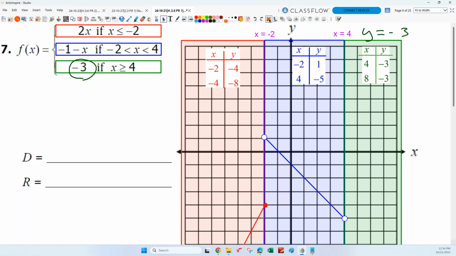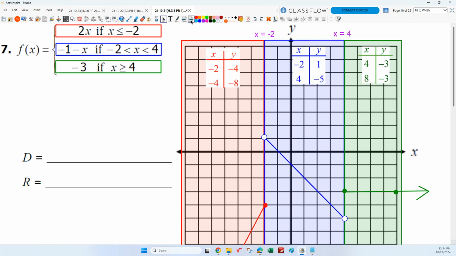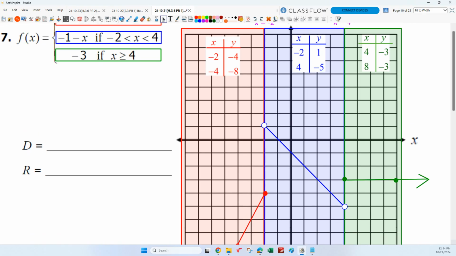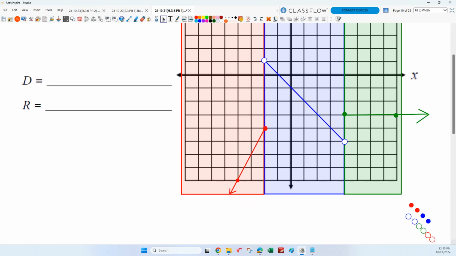If x is 4, y is negative 3. If x is 8, y is negative 3. If x is a billion, y is negative 3. It's always negative 3. So we would just have two closed points there, right? Because the endpoint is included in the green region. So it's a closed endpoint, two horizontally aligned points, and we just start at x equals 4 and go to the right forever. So there's our picture.